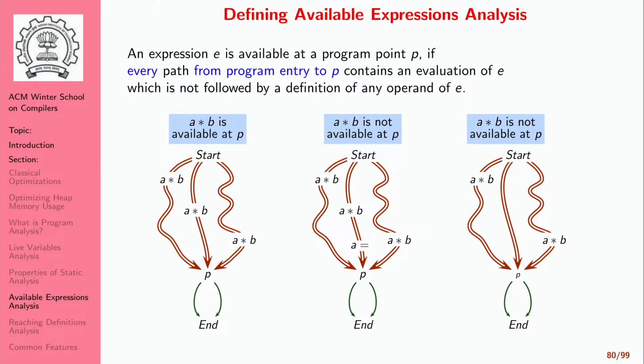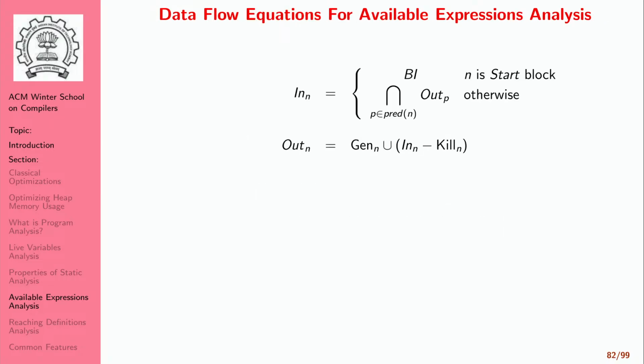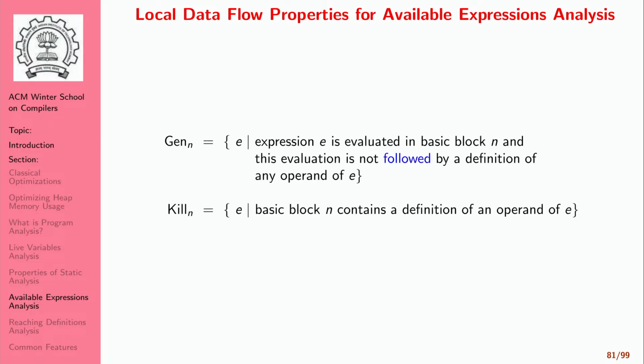Okay, now we can directly jump into data flow equations. They have the same form, generation and killing. So here the availability of an expression E is generated if it is evaluated in a basic block and it is not followed within the basic block by a definition of any of the operands.